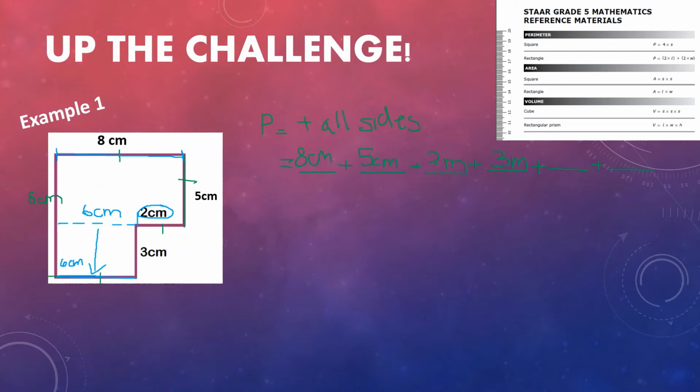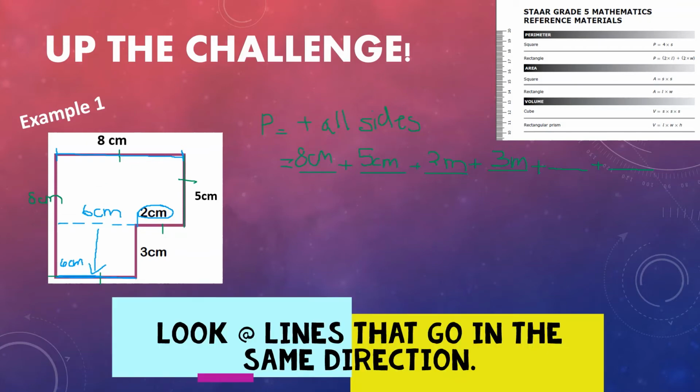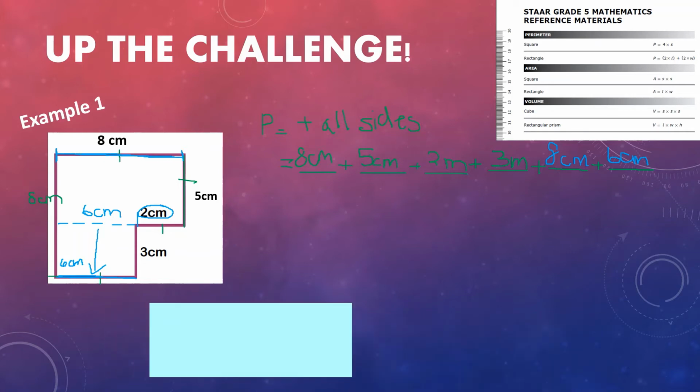Now that I know the length of each of my other missing sides, I'm gonna fill those into my empty spaces that I've left for it. And I have 8 centimeters and 6 centimeters. The key when you're looking for the missing lengths is always to look for the lines that go in the same direction, okay?